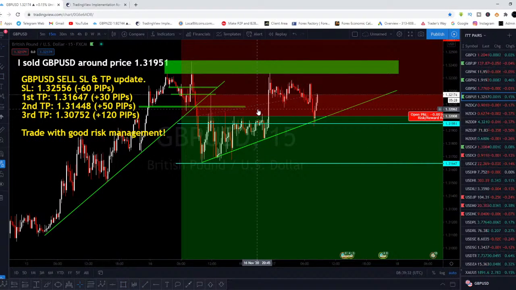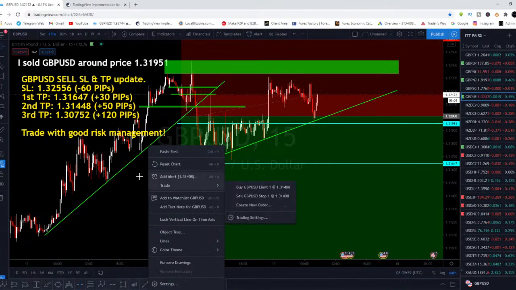I'm just risking 2% of my account size on this trade, so if it hits my stop loss, I know how much I'm going to lose already. I'm still in it, but in a drawdown.